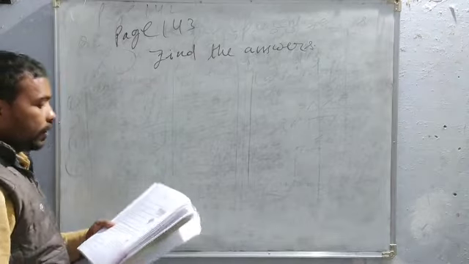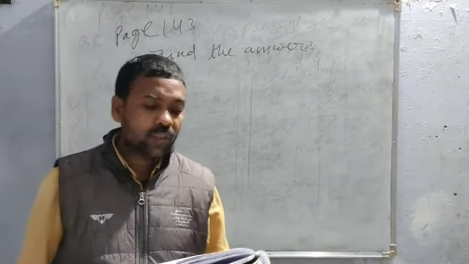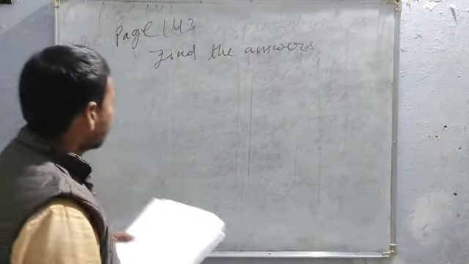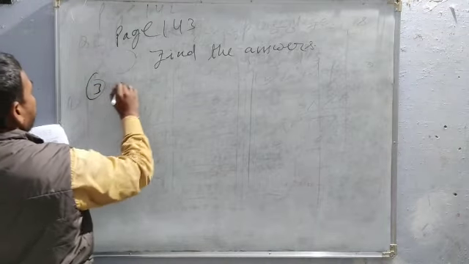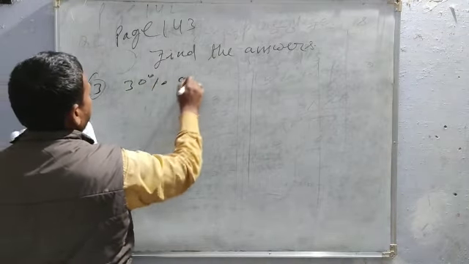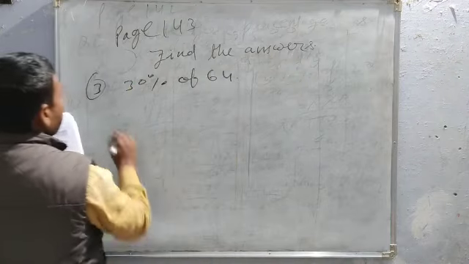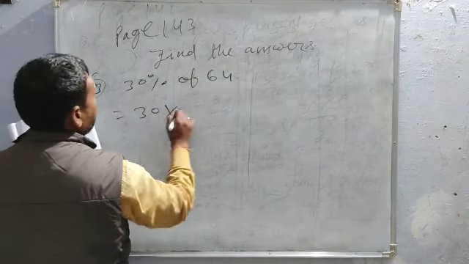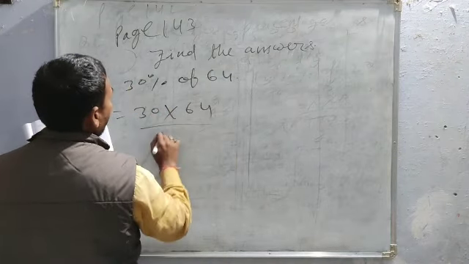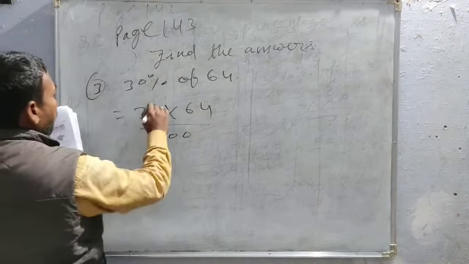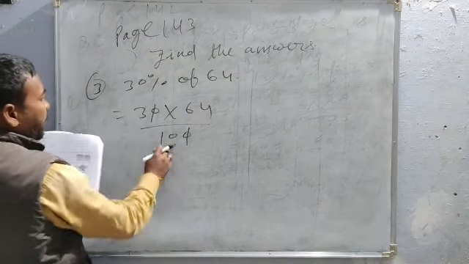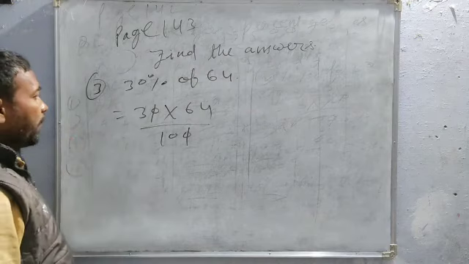Now children, the third one asks to find 30% of 64, that is 30 by 100 times 64. You can do it like this: 0 and 0 cancel. See, 3 and 10 do not have a common factor.